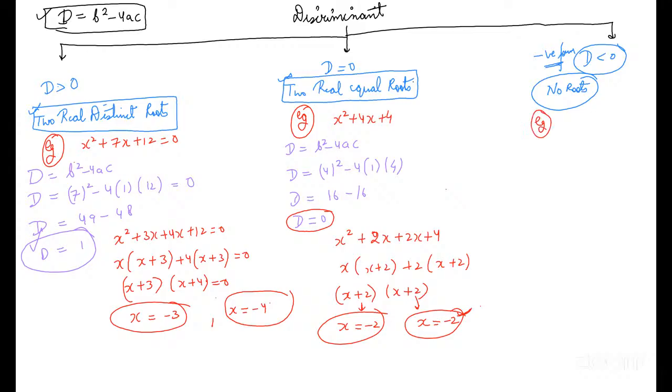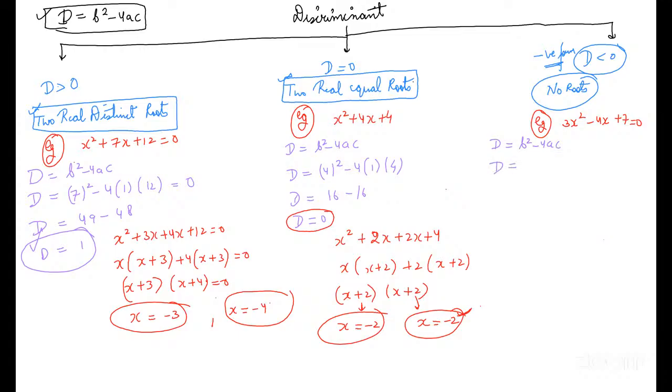So for example, 3x squared minus 4x plus 7 is equal to 0. If it is like this, we'll check it first. So D is equal to b squared minus 4ac.